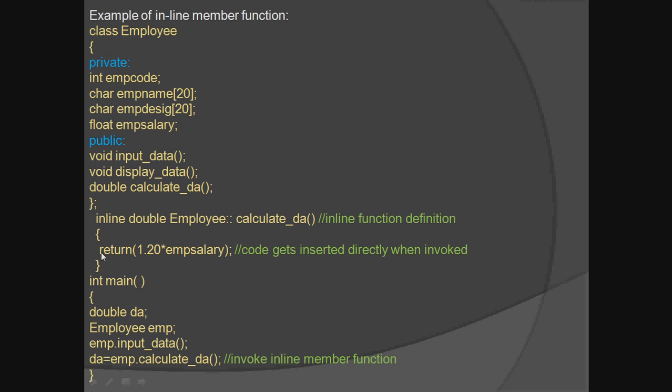Since the function body gets directly inserted in the calling function, after executing this formula, the value is directly transferred to the variable DA. That is the advantage of using an inline member function. The transfer does not take place, but the body gets directly substituted for the function call.